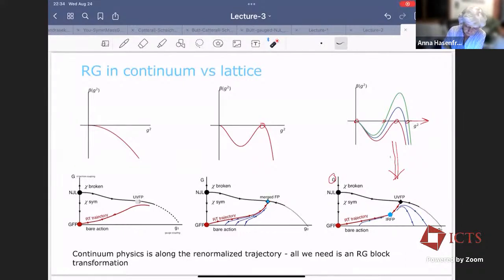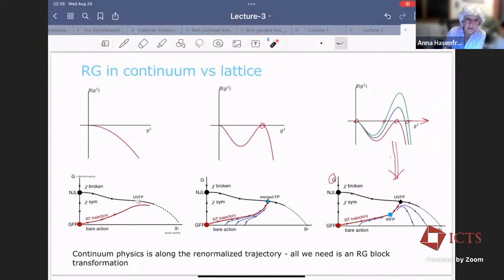And let's look at what is the analog of that on the lattice. The merging of the infrared and a new ultraviolet fixed point is described by here, where the infrared fixed point simply enters into the UV fixed point. It has to be on a critical surface, so the UV fixed point cannot move away from the critical surface.